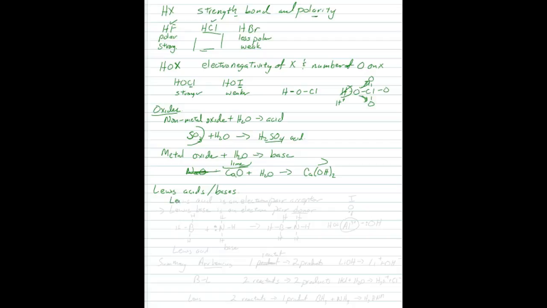So a Lewis acid is an electron pair acceptor, while a Lewis base is an electron pair donor.